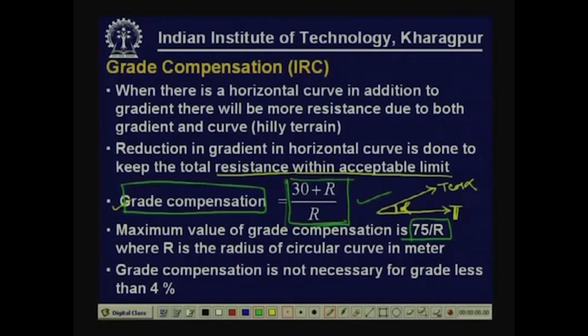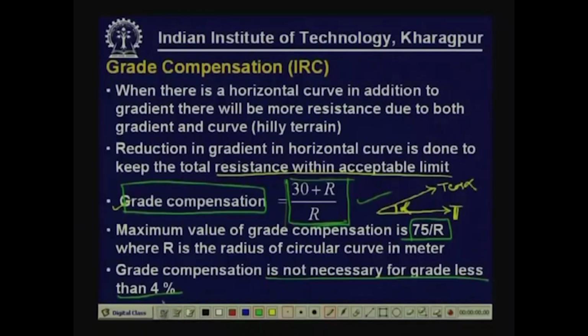Also, grade compensation is not necessary for grades less than 4%. So, if the initial grade is less than 4%, there is no need of providing grade compensation. Also, if the initial grade is steeper than 4% and we are going for grade compensation, then we need not go below 4% when we are compensating the grades, because anyhow if it is less than 4%, we need not go for grade compensation.